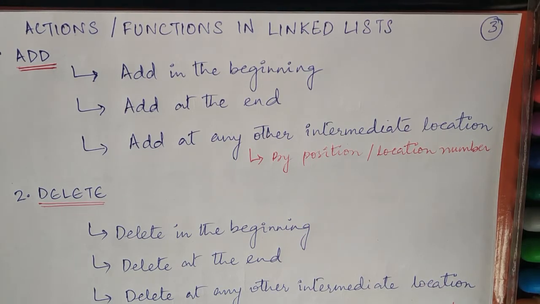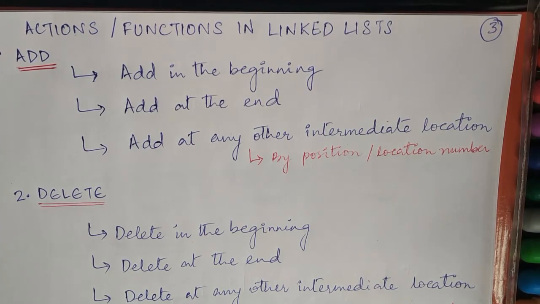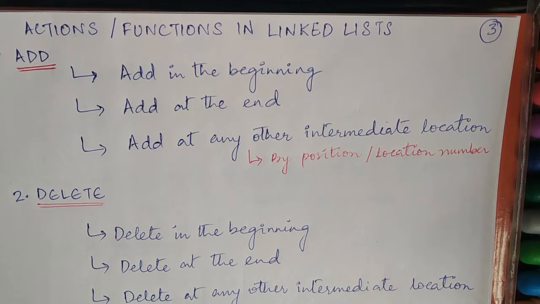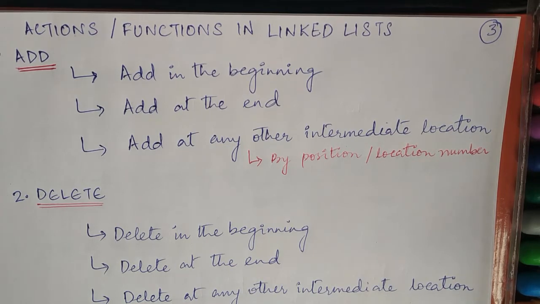So when we define a data structure, we also define the properties, how the data structure is going to behave or act, what operations you can perform on them, and that is what constitutes the definition of your data structure. For linked list, it is a simple list.